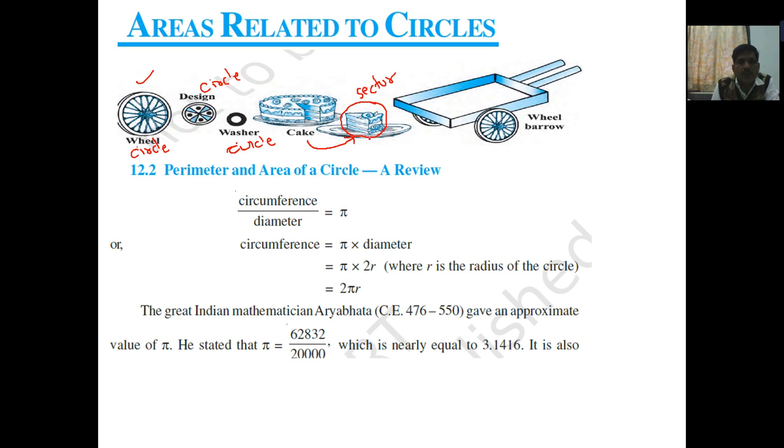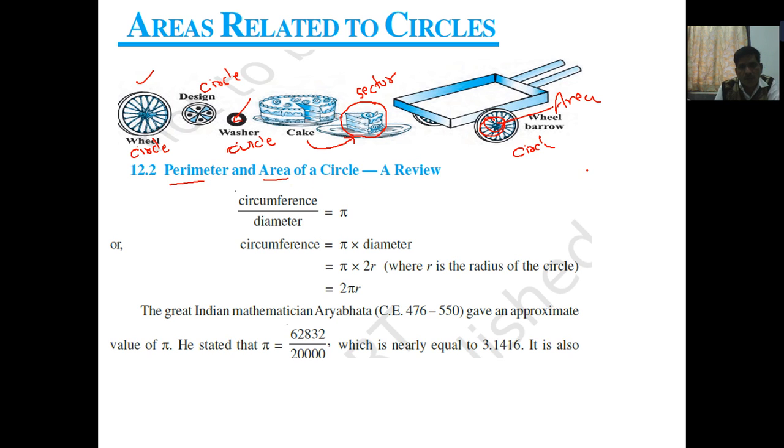So we can go through the definition of sector also. Again here we can find a circle, and if we go inside it, we can find the area. Here it is also area. So we want to discuss the perimeter and area of a circle.